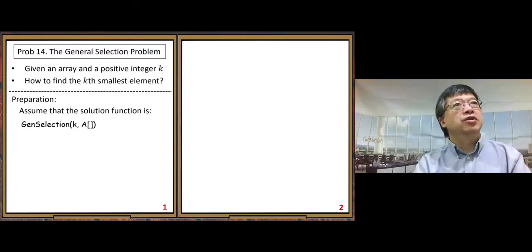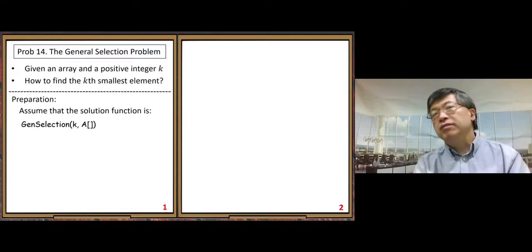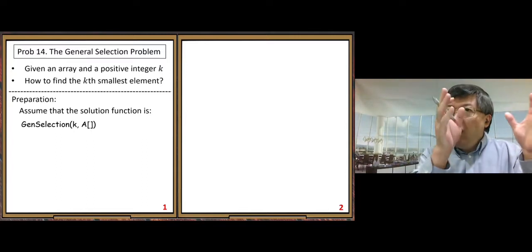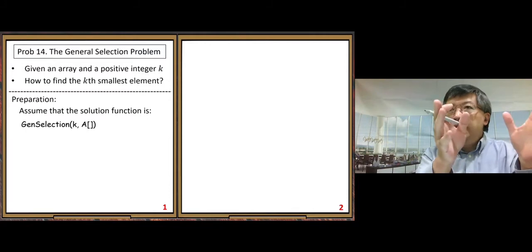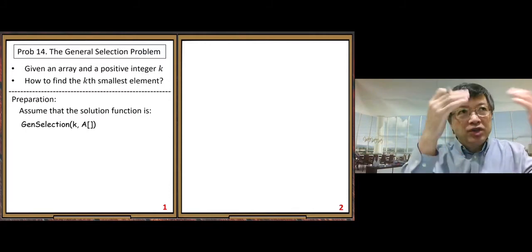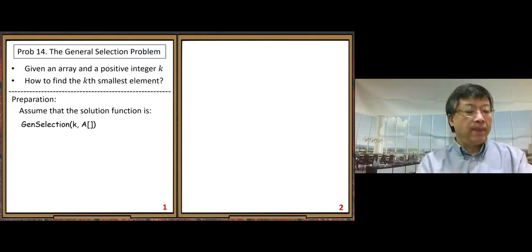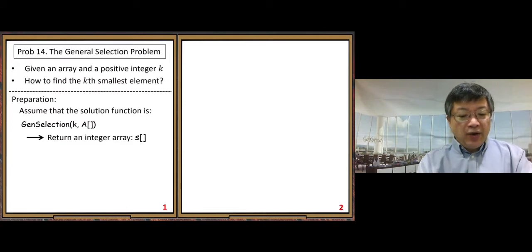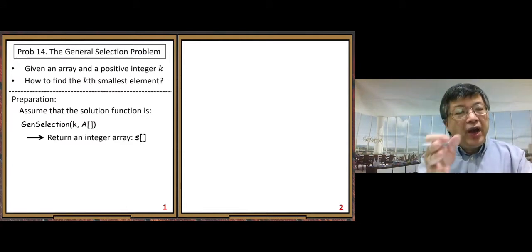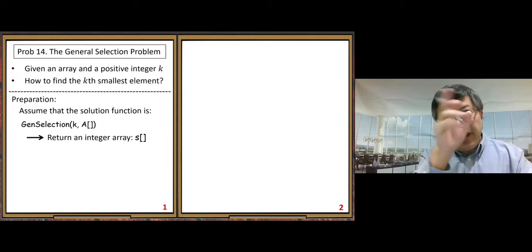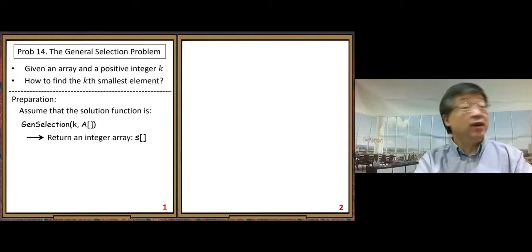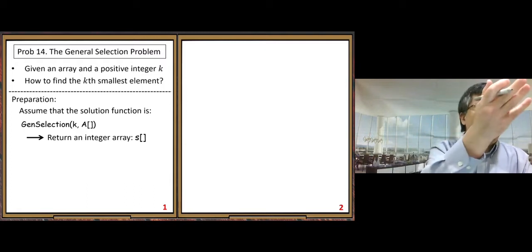So we still need to get all the data we need from this return data. Return an integer array, S array. We can return an array, right? So function can return an array.